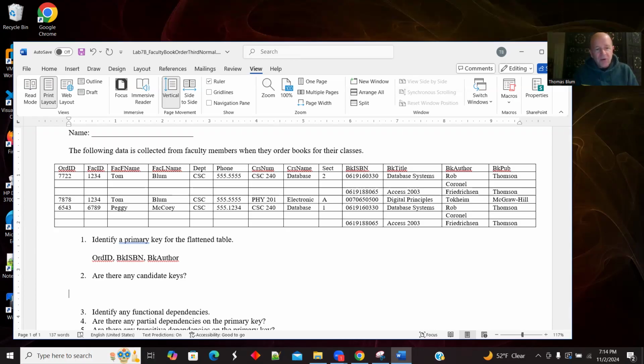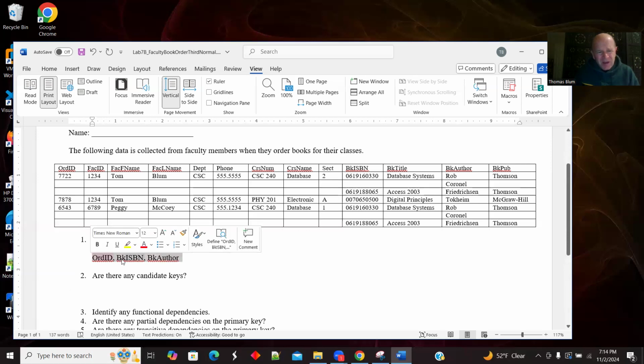Okay. But can we do some kind of substitution? Well, nothing's going to tell us the book author other than the book author. The book ISBN maybe can be replaced by the book title and book publisher. So let's offer that maybe as a possibility.